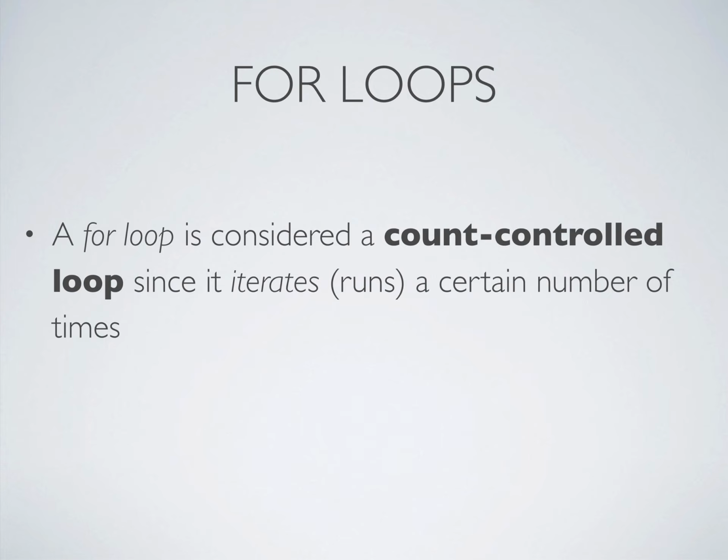So a for loop is a count-controlled loop because you can count how many times it's going to run before you even run the code. While loops are not count-controlled loops, so just keep this in mind, especially when we talk about while loops in the future. But again, for loops are count-controlled because we can determine how many times they're going to run before they actually run.